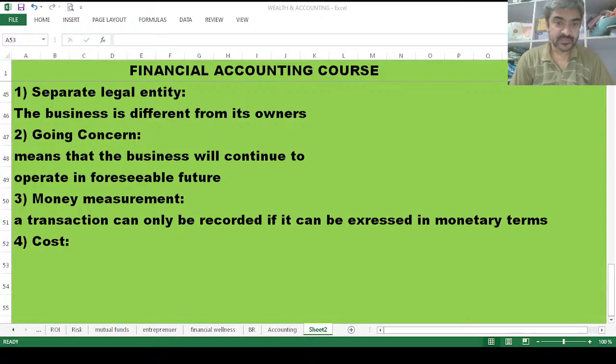The cost concept or cost model does not mean that all assets will be shown at cost. It has also been stated above that cost becomes the basis for all future accounting for the asset. It means the asset is recorded at cost at the time of purchase, but it may systematically be reduced in its value by charging depreciation.